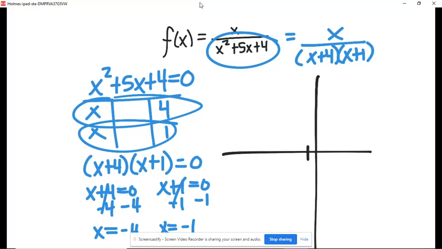But anytime that you have two vertical asymptotes, a lot of different things can happen, okay? So I just know here that at negative 4 and at negative 1, I will have two imaginary lines that the graph is going to try to touch.